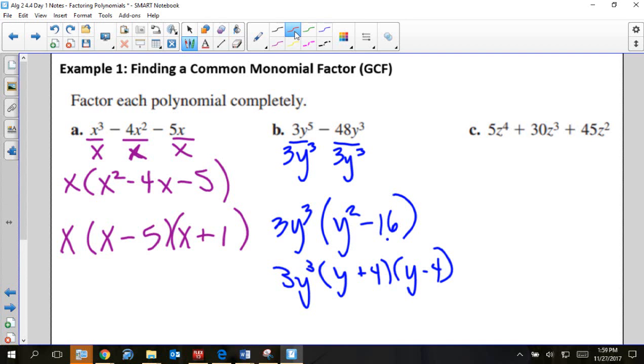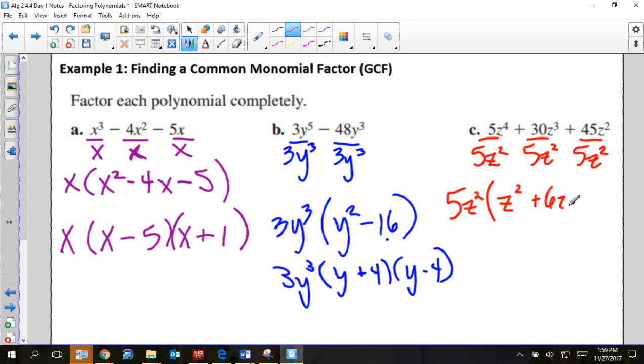Third one, C. What do I do first? Is there a GCF? What is it? 5z squared. So we factor that out and we get z squared plus 6z plus 9.